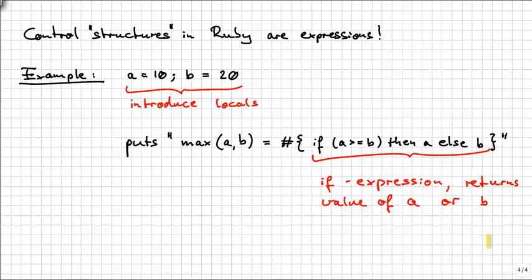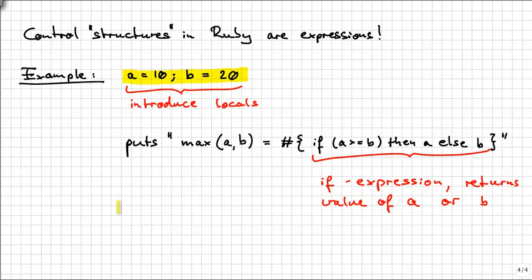It's worthwhile to understand that control structures in Ruby are in fact expressions, so they can be used anywhere where an expression is allowed. So let's say I'm creating 2 local variables here. A is initialized with 10 and B is initialized with 20.